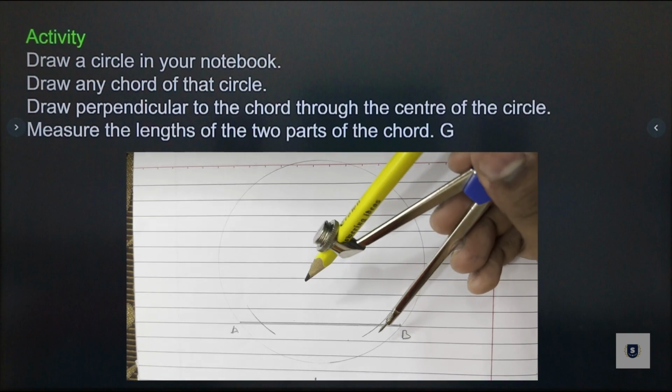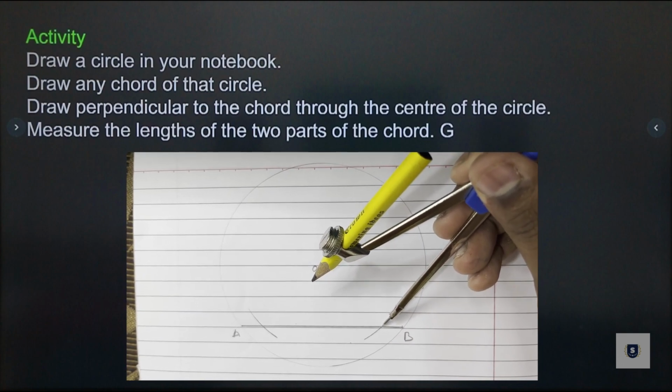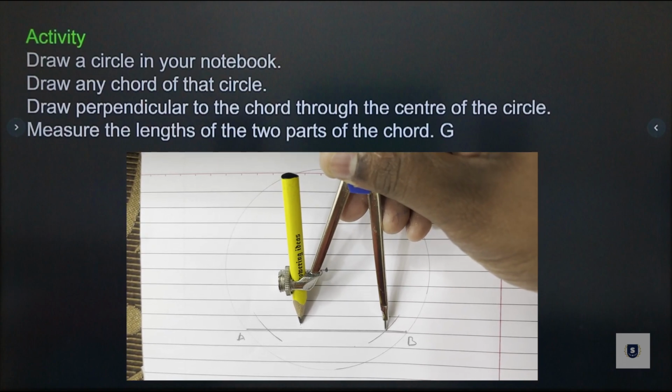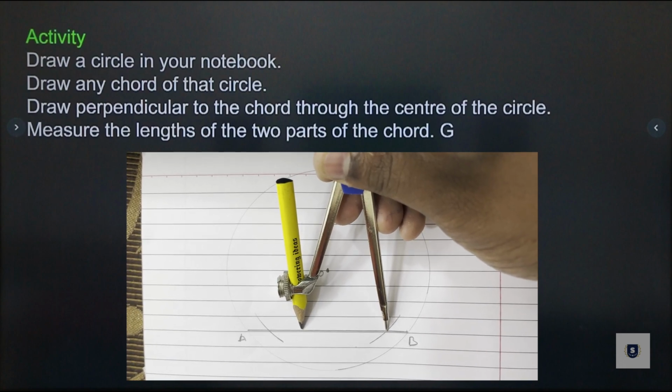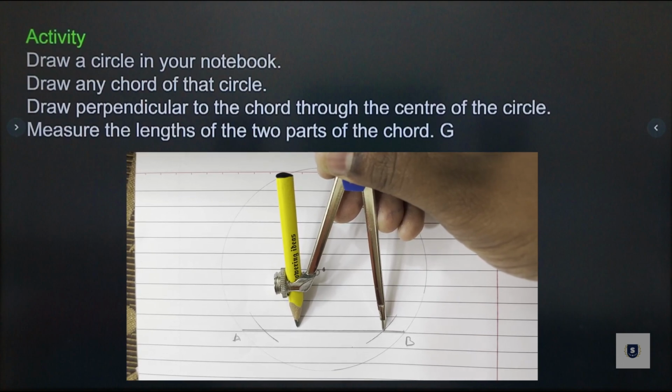Now take the compass and keep it at one of the arcs as shown here. Now measure, see the gap between the two arcs. The gap between the pencil and the pointer is more than half of the distance between the two arcs.